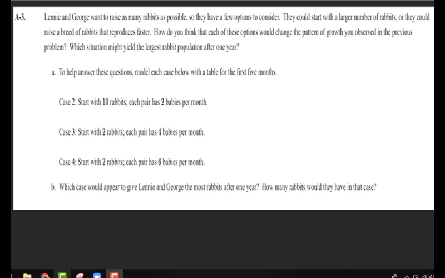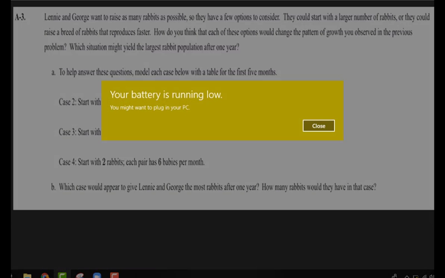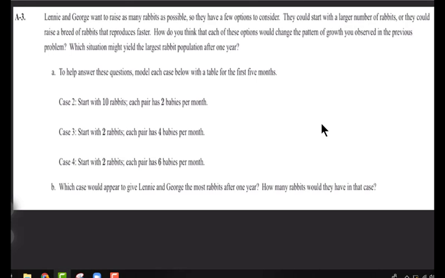So they did their research. They went to rabbits.com. And while they were at rabbits.com, they were looking at different breeds of rabbits and how they reproduce. And so they ended up coming up with 3 different scenarios or cases.